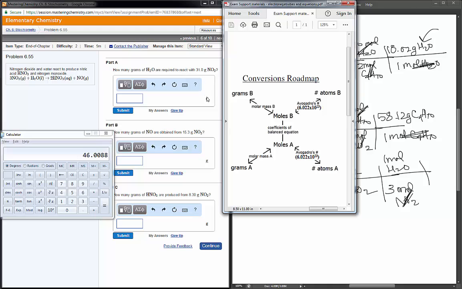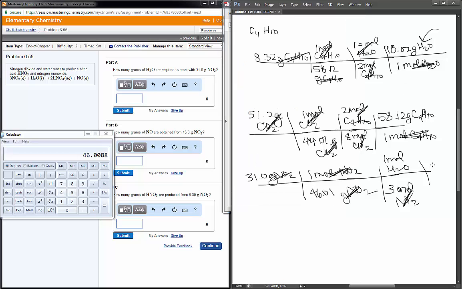I need to get grams of B because that's what they asked for. So I'm going to use the molar mass of B, and we determined previously that the molar mass of water is 18.02 grams in a mole. Grams of H2O, 1 mole H2O, so those cancel, and now we can just plug those numbers into our calculator.